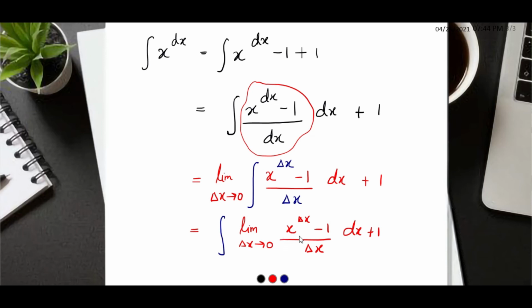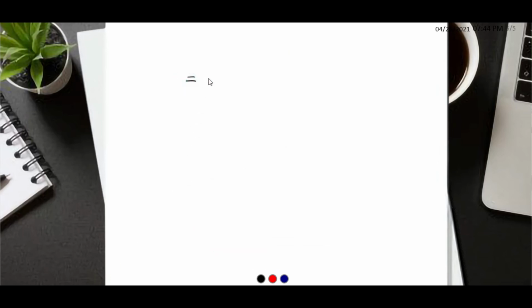If you are having difficulty in understanding delta x, you can replace delta x with h, like this, h and h. Now this whole limit is log x, so we can say this is equal to integration of log x dx plus 1.